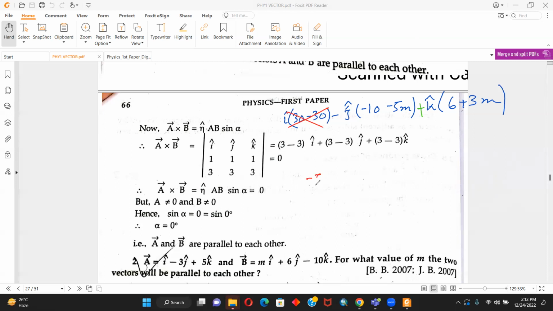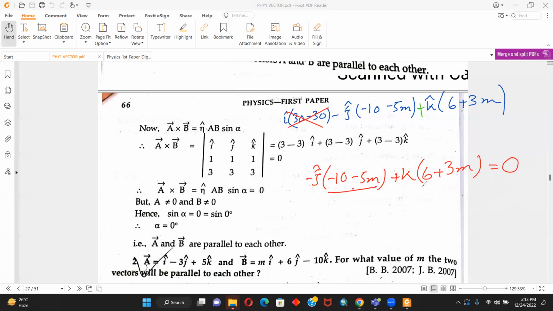We will get minus j times minus 10 minus 5m plus k times 6 plus 3m. It has to be equal to 0. And if I go even further, what I understand is that the coefficient of j has to be 0 and the coefficient of k has to be 0. Is that correct? Yes.